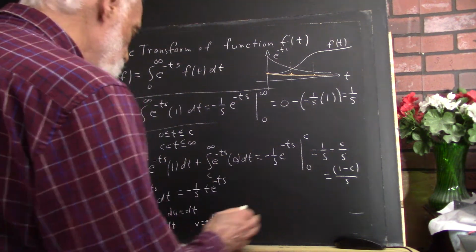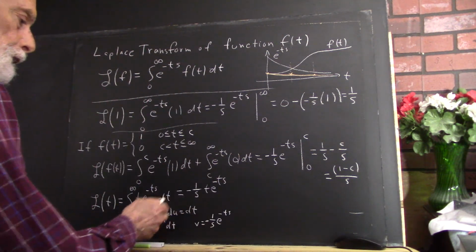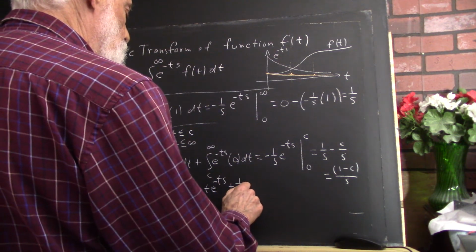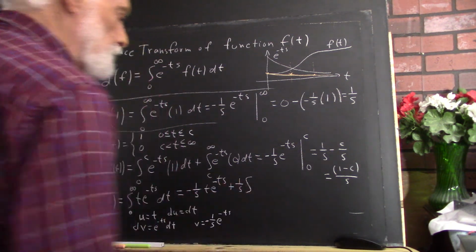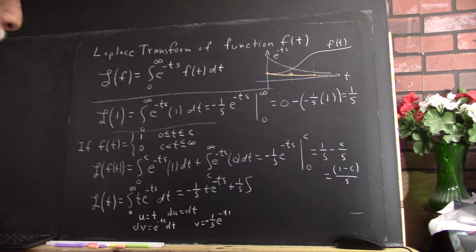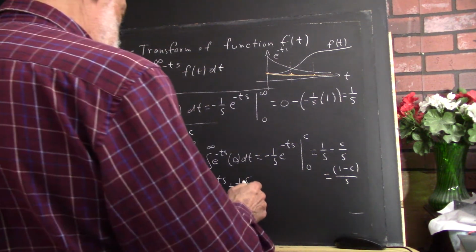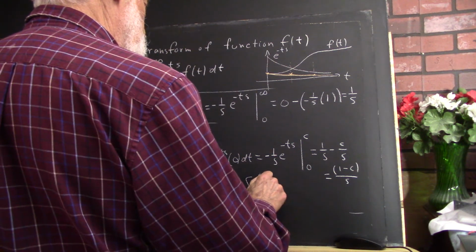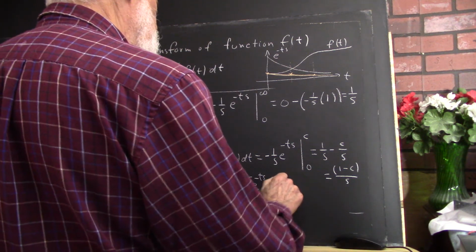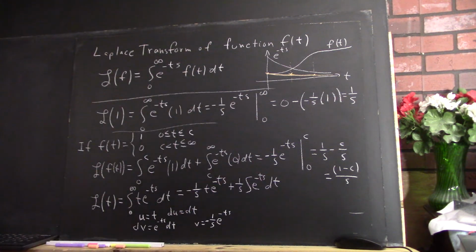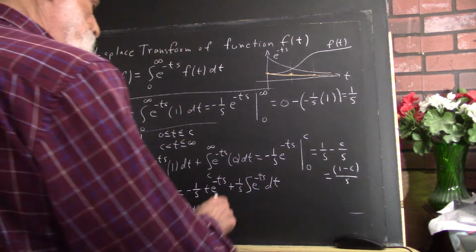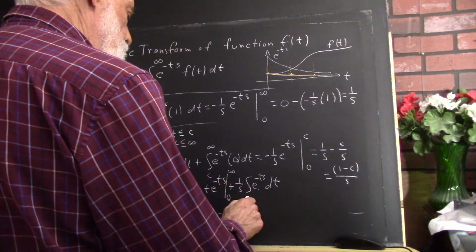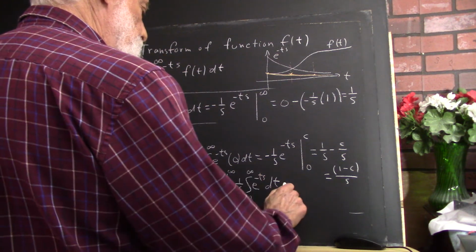Then it's going to be minus the integral of v du, and the minus on the 1 over s will give us a plus 1 over s, which I bring out of the integral in advance. And then it's going to be the integral of e to the negative ts dt. This is evaluated between 0 and infinity, and this goes from 0 to infinity.